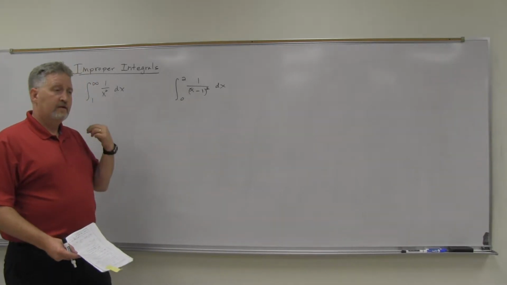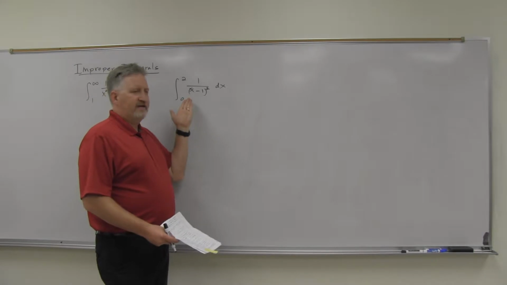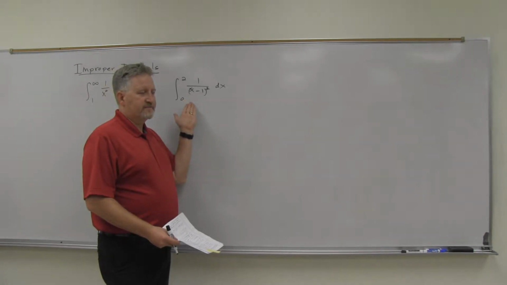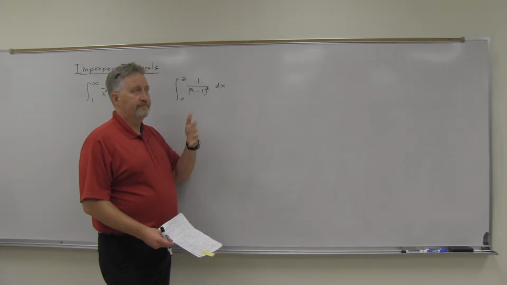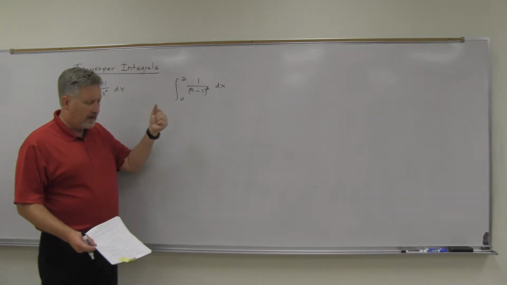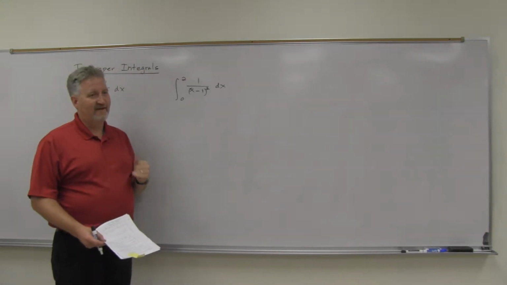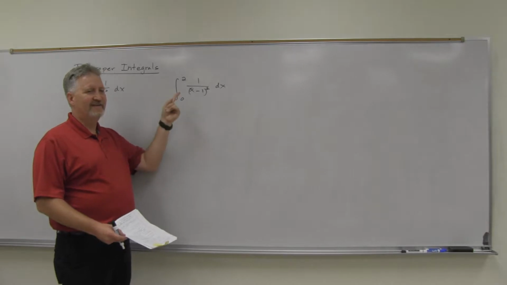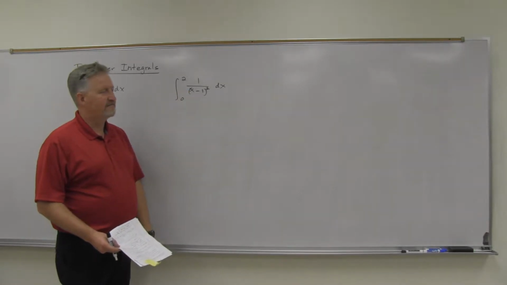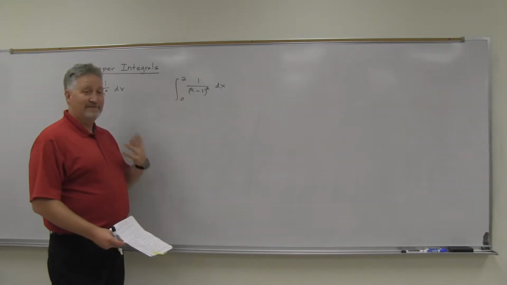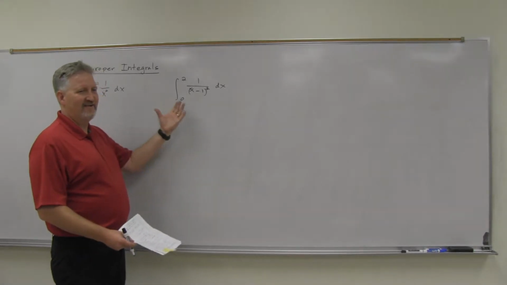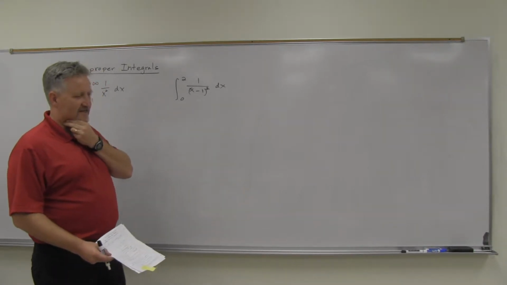We encountered some of those in Calc 1. But what we said was, hey, we can't evaluate that because you've got an undefined value there. Well, today's the day that we get to talk about what we do in cases like that.